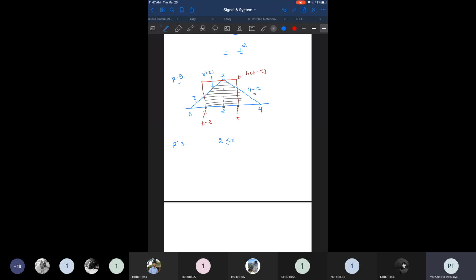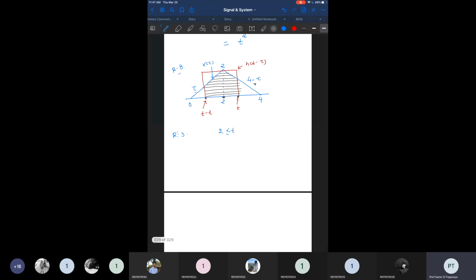So we may consider the signal y of t is the integral of x of tau h of t minus tau d tau, where the lower bound is t minus 2 and the upper bound is t. Now this integration we need to break down into two parts, because the x of tau function is different below the value of 2 and above the value of 2.